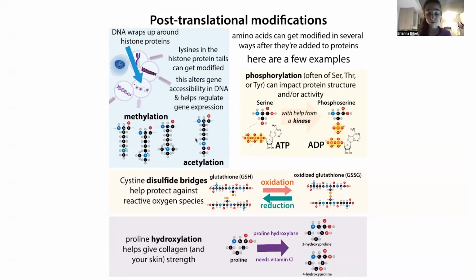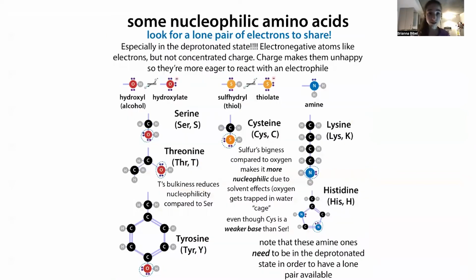One of the key things is that which of these modifications you have is going to be limited by which amino acids you have. Certain amino acids have a greater tendency to be modified in these ways. So we can talk about nucleophilic amino acids.